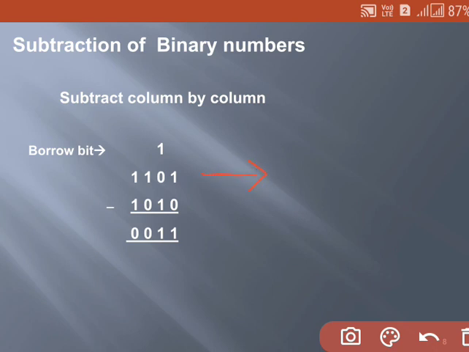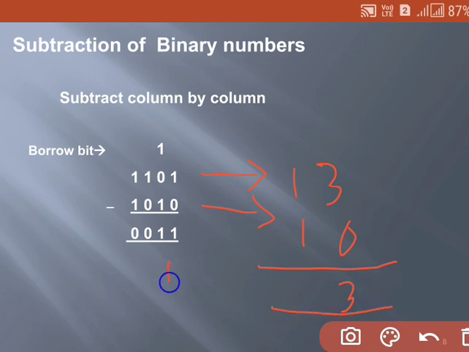If you consider the decimal equivalent of the binary numbers, for the binary number 1101, what is its decimal equivalent? It will be 8 plus 4 plus 1, that is nothing but 13. Next, what is the decimal equivalent of 1010? That will be 8 plus 2, which is nothing but 10. If you subtract these two decimal numbers, what is the result? It will be 3.